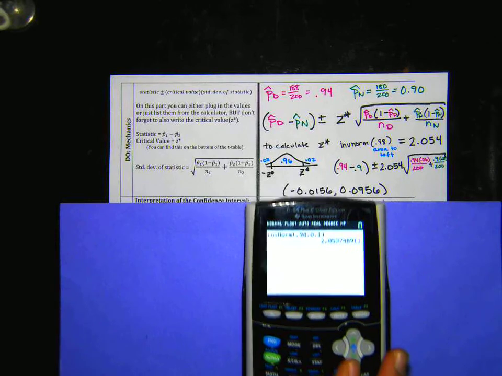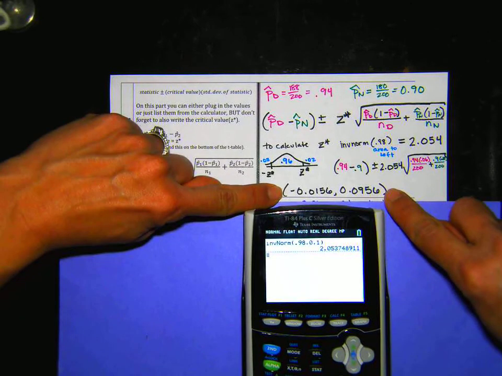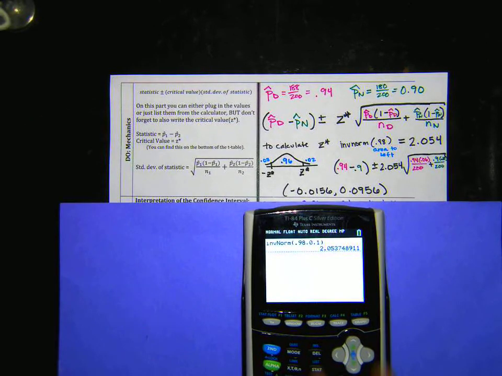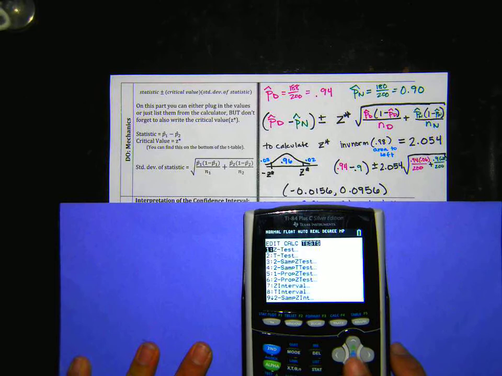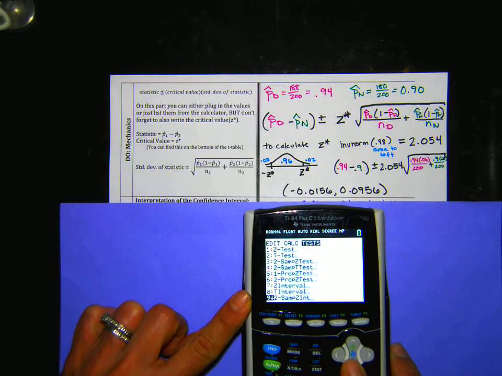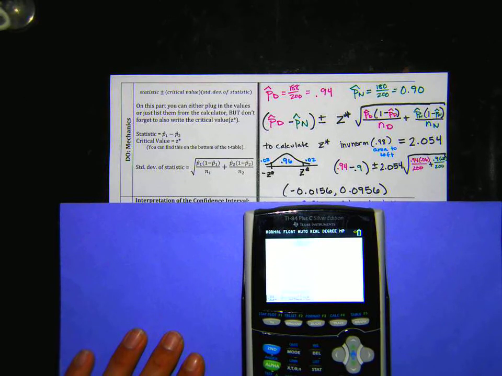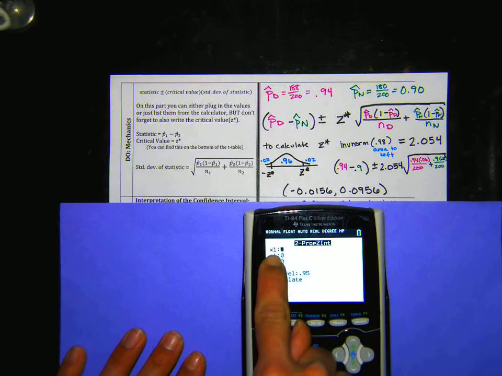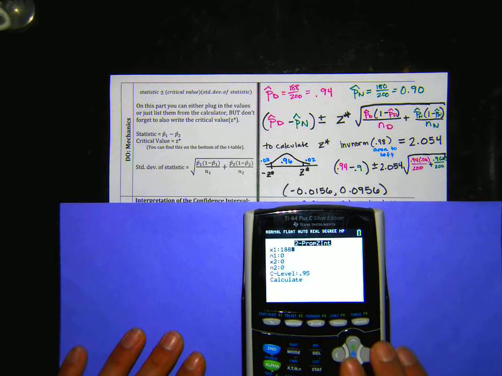I plug these values into my formula, and I get my confidence interval. Remember, you can also go to stat. If you're running short on time and you don't have time to do these calculations by hand, go to stat test. If you scroll down, you have a 2-proportion z-interval. It asks you for the number of successes. Well, our day shift had 188 out of 200.